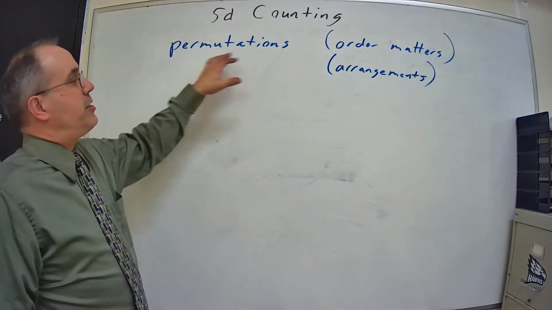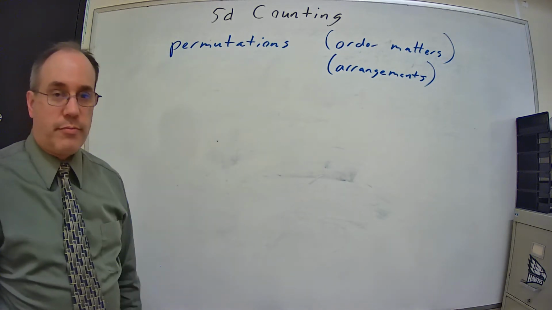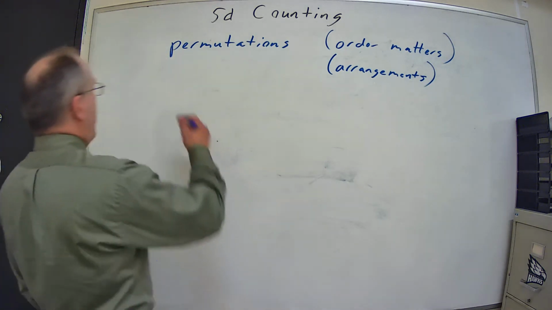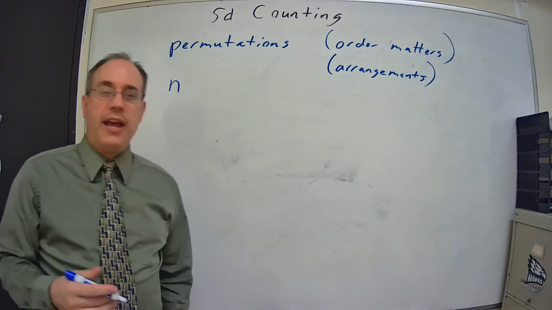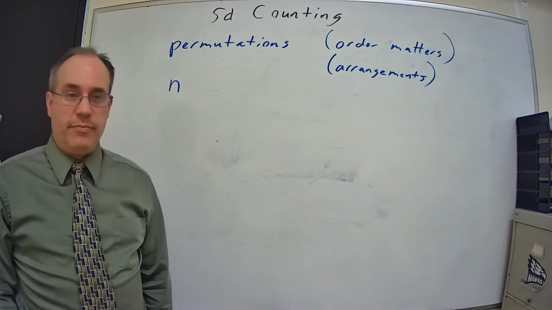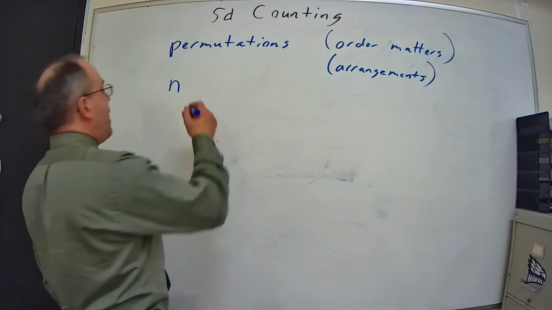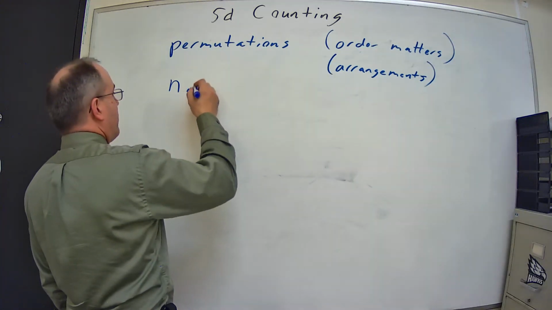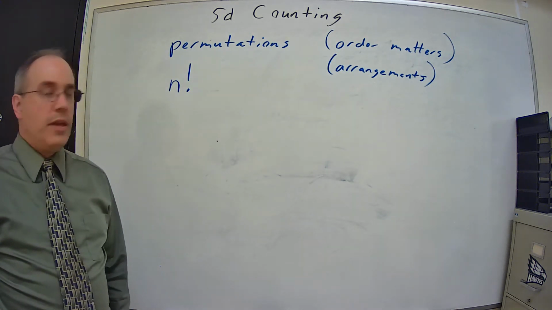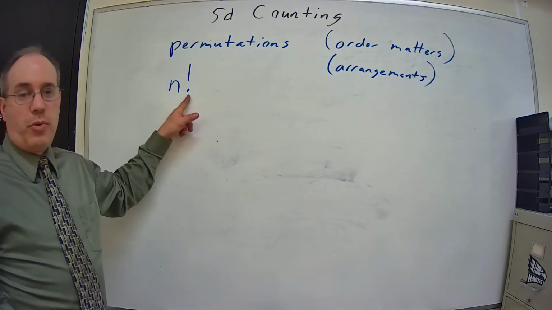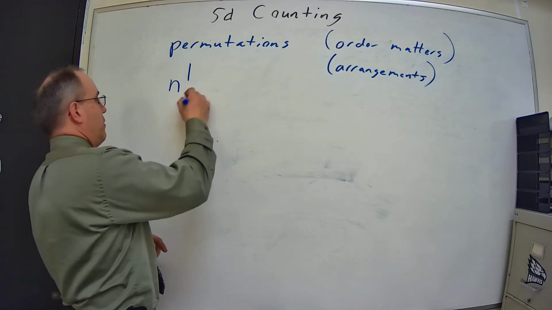So permutations, order matters. Now, if I take n items, and I want to know how many ways I can arrange n items, that can be found by taking n factorial. If you're not familiar with this exclamation point, that's called factorial.